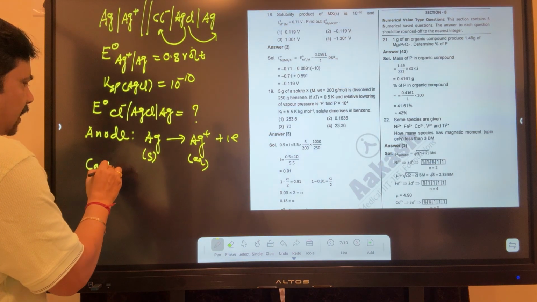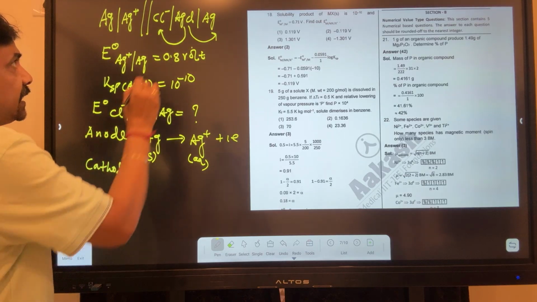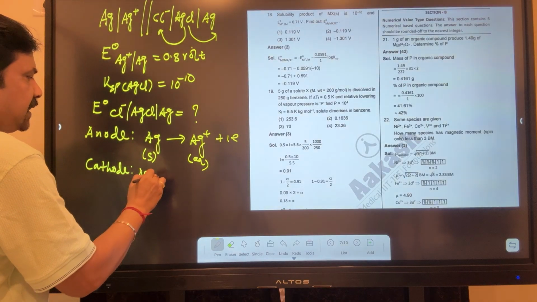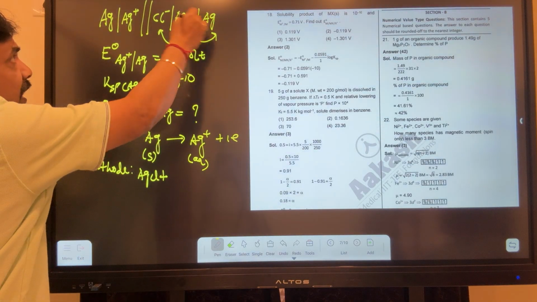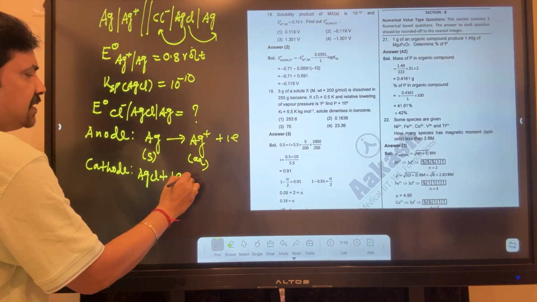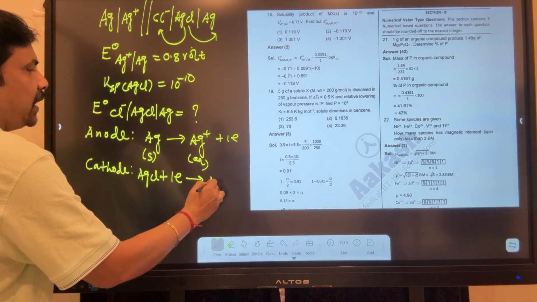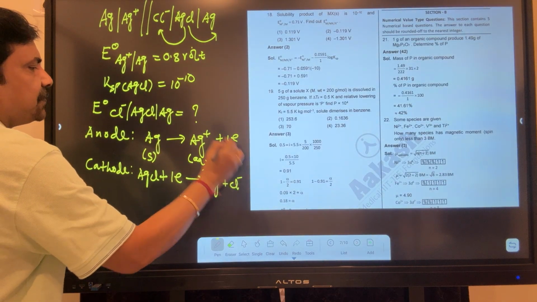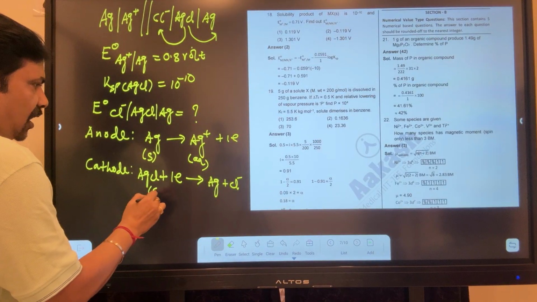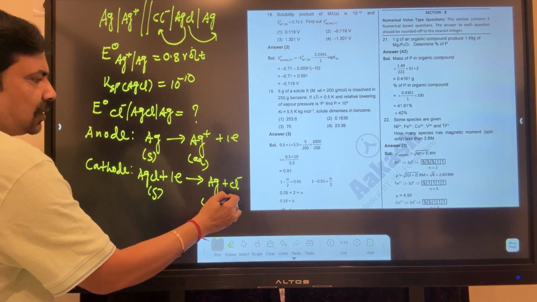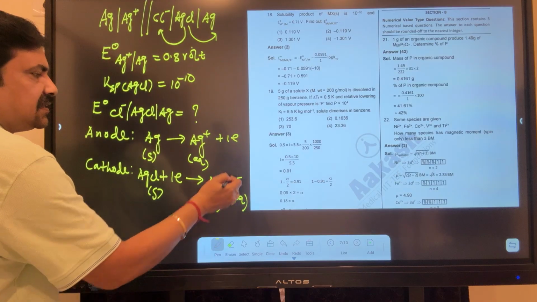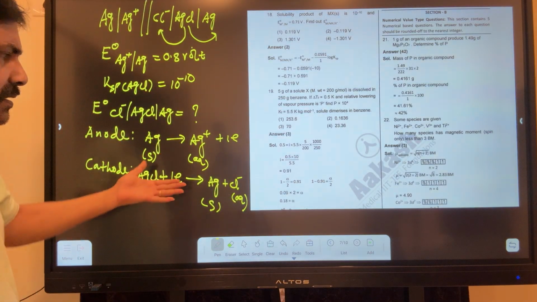Cathode means reduction. AgCl takes one electron and converts to Ag and Cl minus. AgCl and Ag are solids, and the chloride ion concentration is aqueous. This is the cathode reaction.